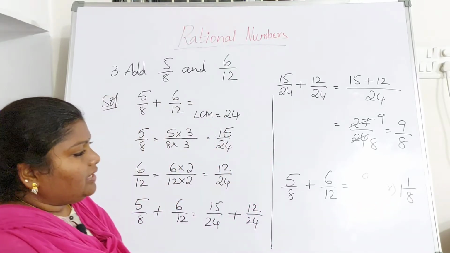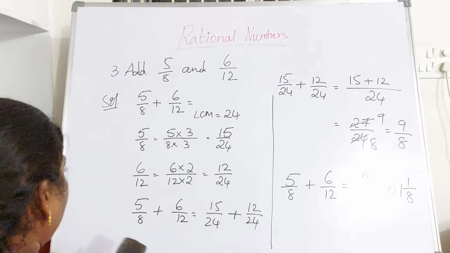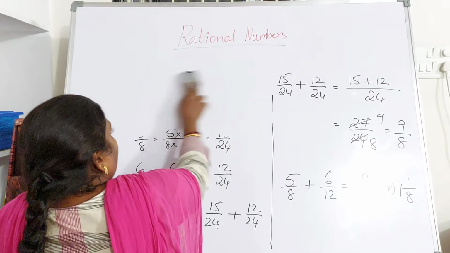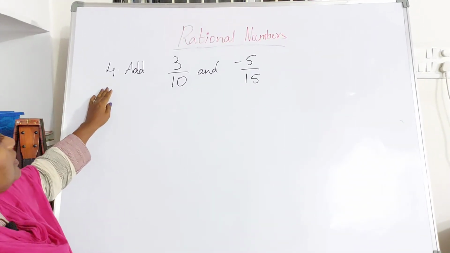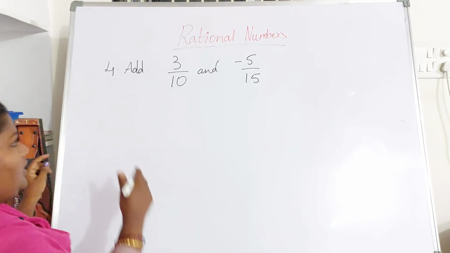So let me explain one more example. This is another example I have taken. It is 3 by 10 minus 5 by 15.